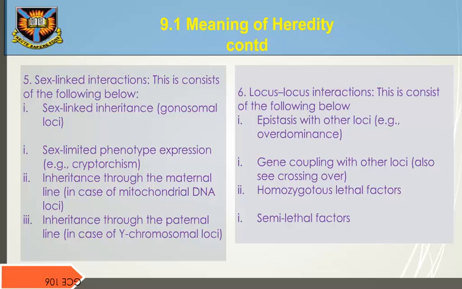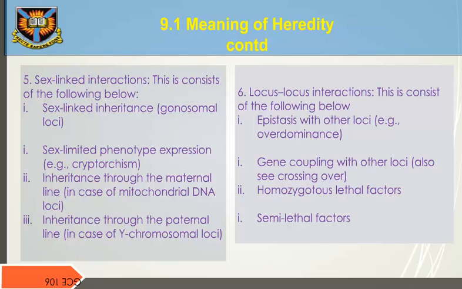5. Sex-linked interactions. This consists of the following: 1. Sex-linked inheritance, gonosomal loci. 2. Sex-limited phenotype expression. 3. Inheritance through the maternal line in case of mitochondrial DNA loci. 4. Inheritance through the paternal line in case of Y chromosomal loci. 6. Locus-locus interactions. This consists of the following: 1.